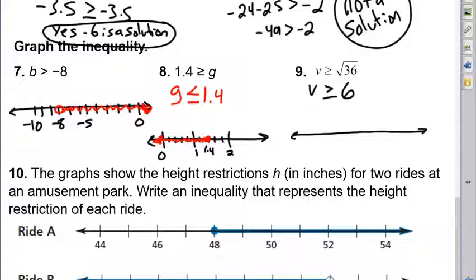I'll start with 0 on my left and start counting. V is greater than or equal to 6. We'll use a solid dot at 6, and then shade to the right. The numbers greater than 6 are 7, 8, 9, 10, and going on forever.